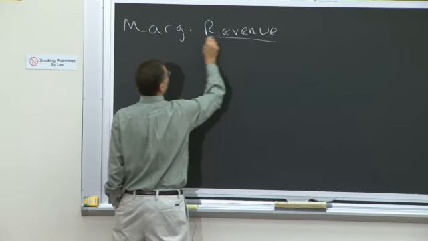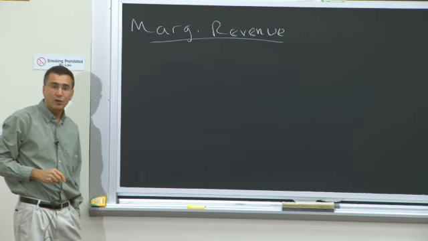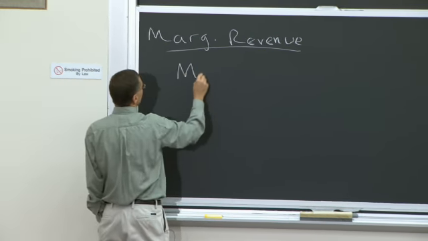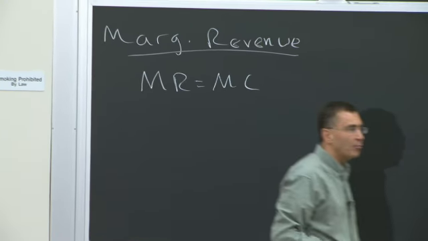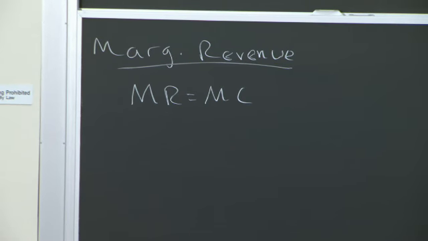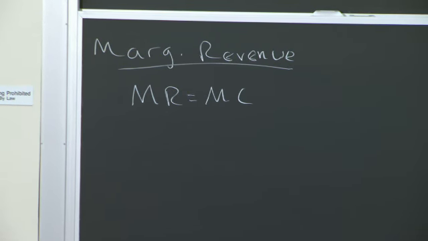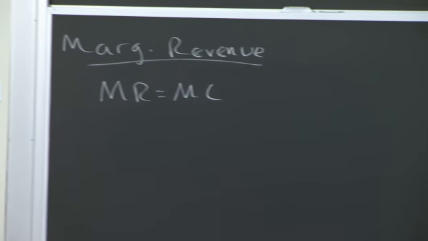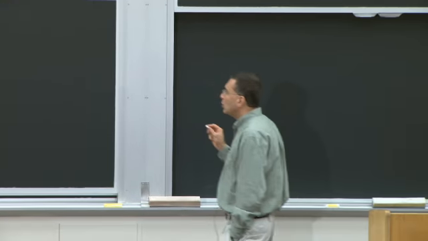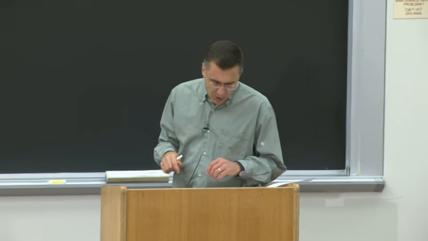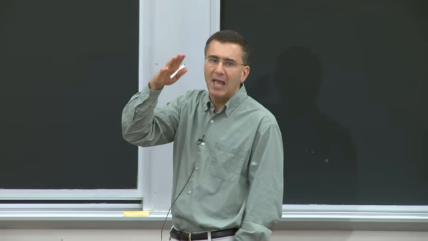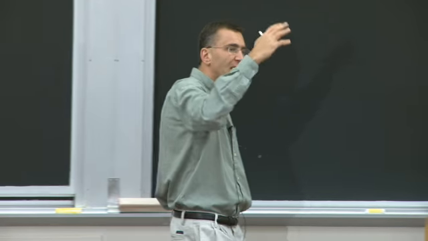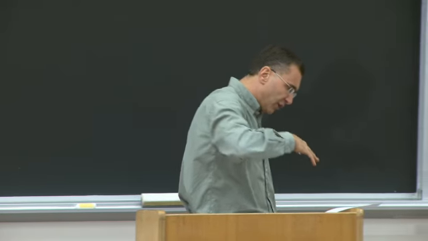If you remember, the profit maximizing condition that we derived when we started our competition lectures was that marginal revenue equals marginal cost. And the way we thought about this, remember the logic, was this notion of climbing a profit hill.